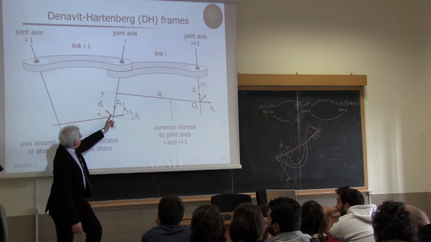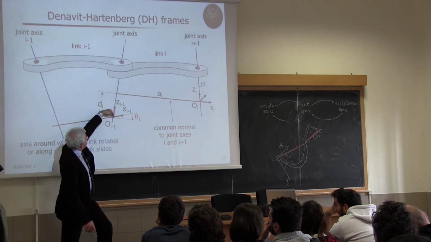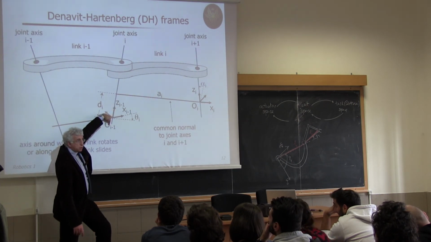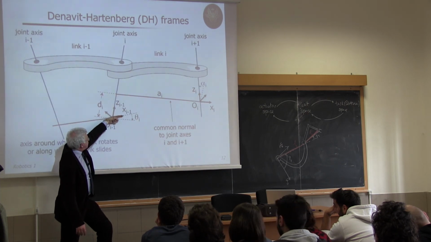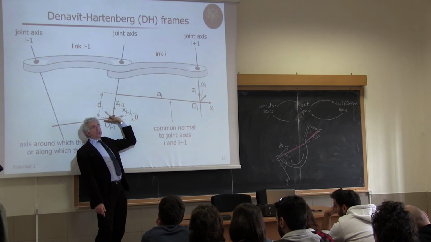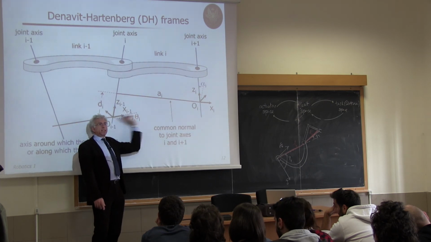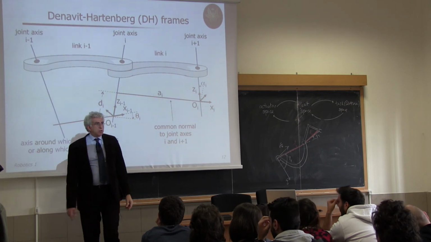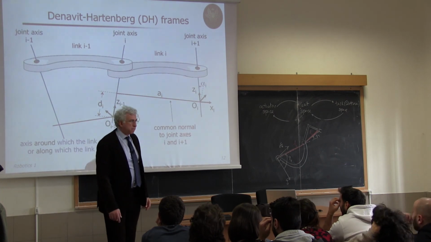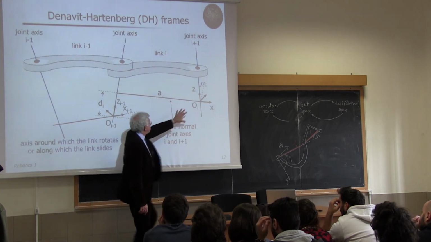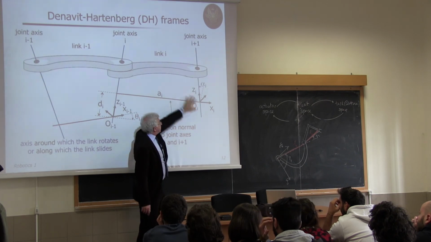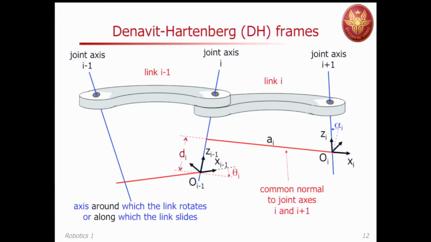And of course, I have chosen this direction, but I can arbitrarily choose the opposite one. It's good enough. I have chosen this direction, but I could have chosen this direction for x I-1, as long as it stays along the link axis. Okay? And similarly here, link I, frame I, Zi is along the joint axis I+1.